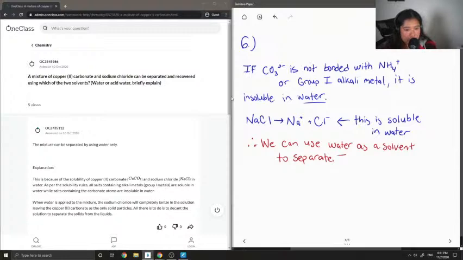To recover, since that's the second part of the question, we will dissolve the mixture in water, and then this will make our sodium chloride the only one that is dissolved, and our copper 2 carbonate will be a solid.